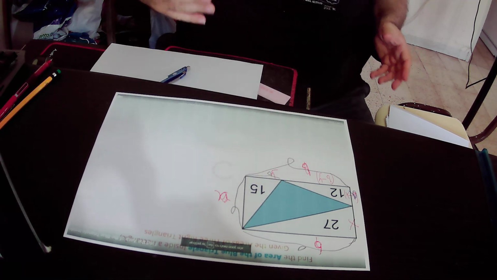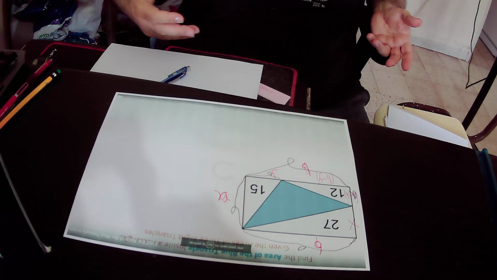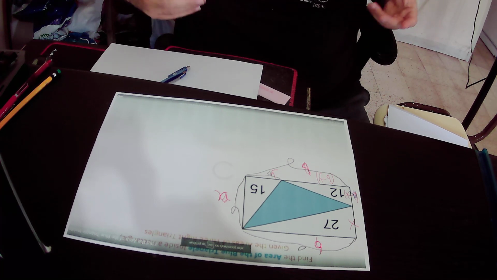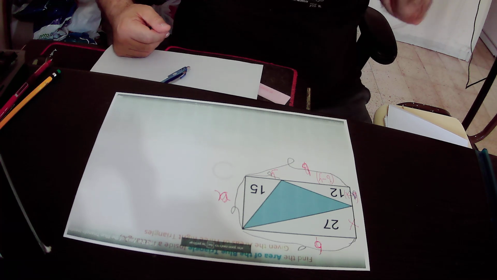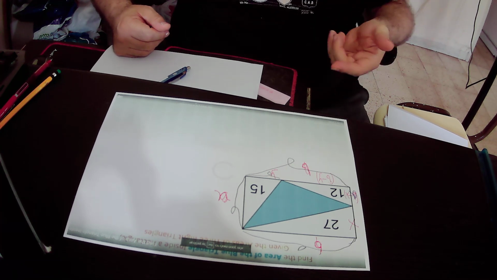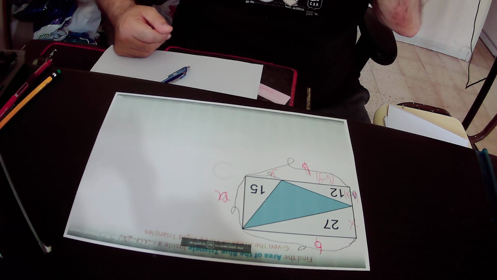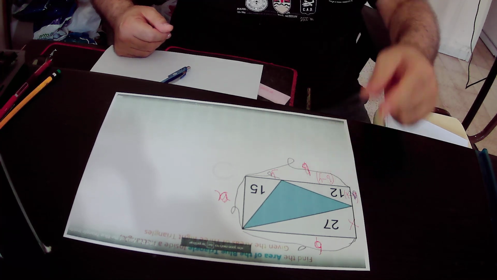So the solution of 18 units for the area of the rectangle is incorrect, and the only answer that is left is the first solution for a times b.